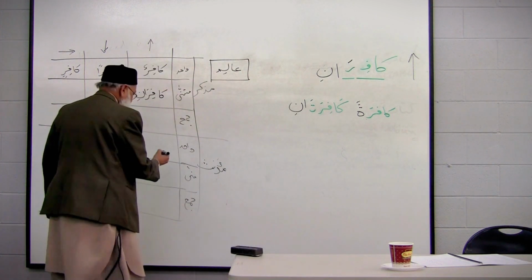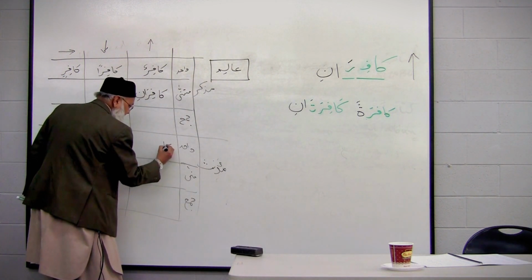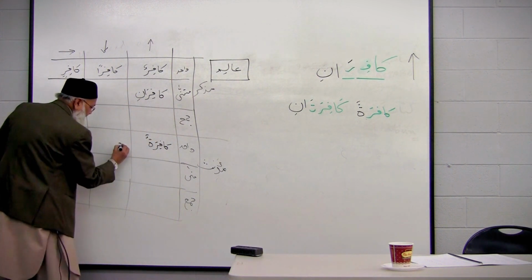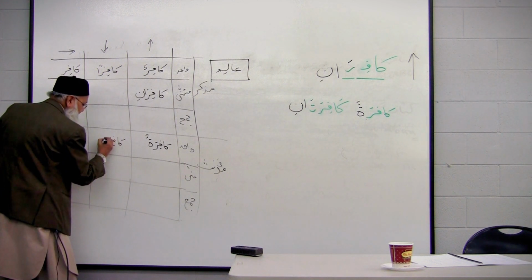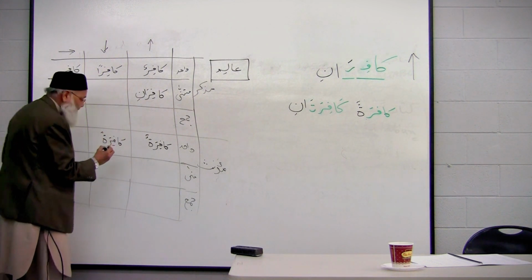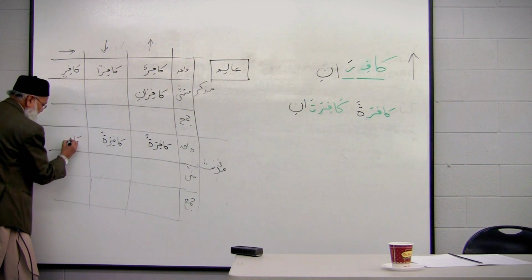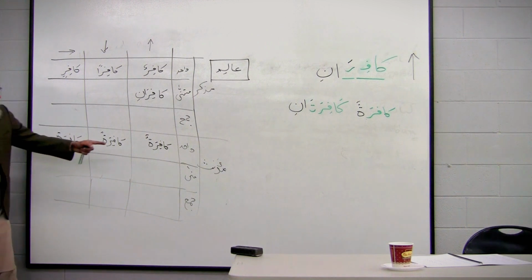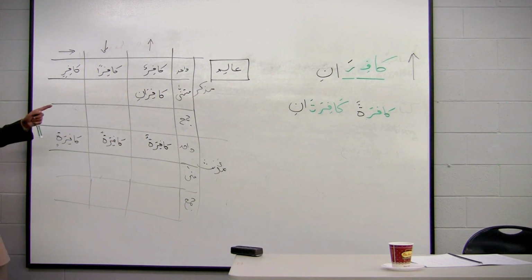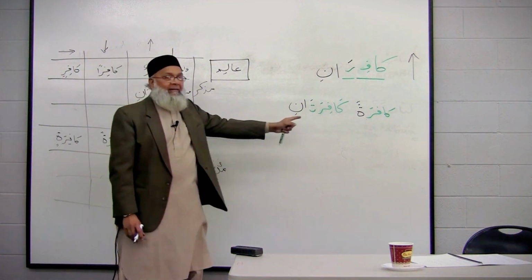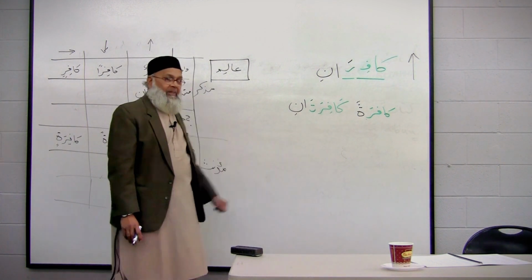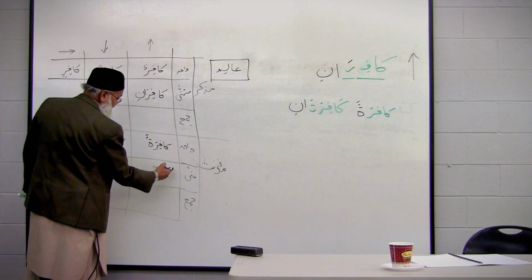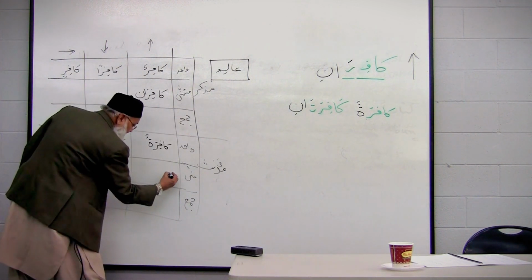Wahid will be kafiratun, kafiratan, kafiratin. Now, singular line is complete, and we have already formed the musanna in rafa form for feminine too. So it will come, musanna in rafa form, kafiratani.